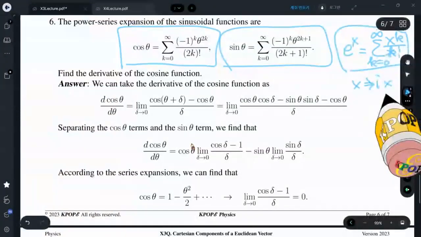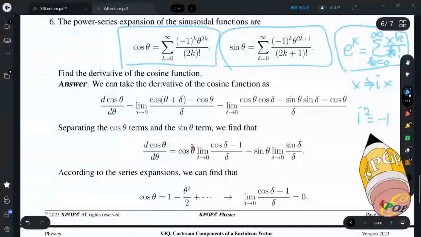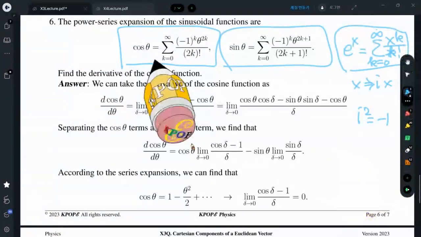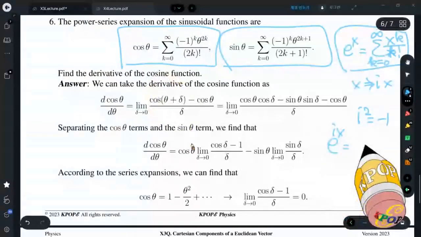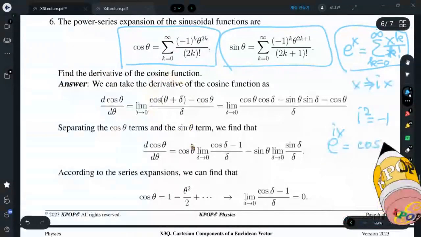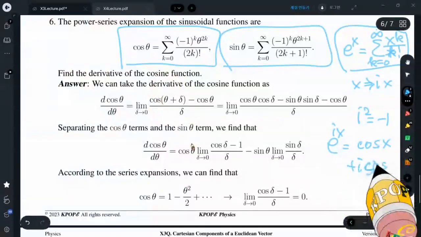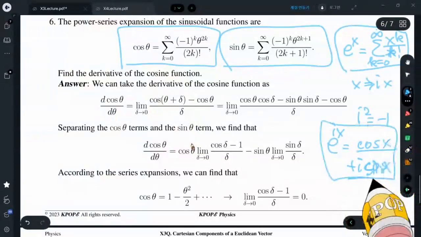And here, i squared equals minus 1. Therefore, the expansion can be separated into two pieces, a real part that contains cosine and an imaginary part that contains sine. So this is identical to cosine x plus i sine x. It is called Euler's formula.